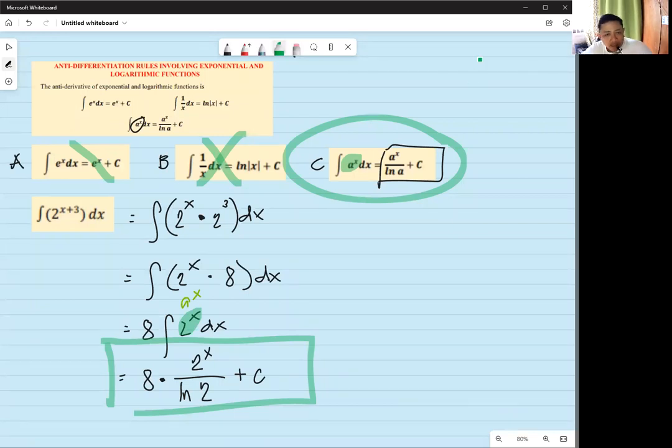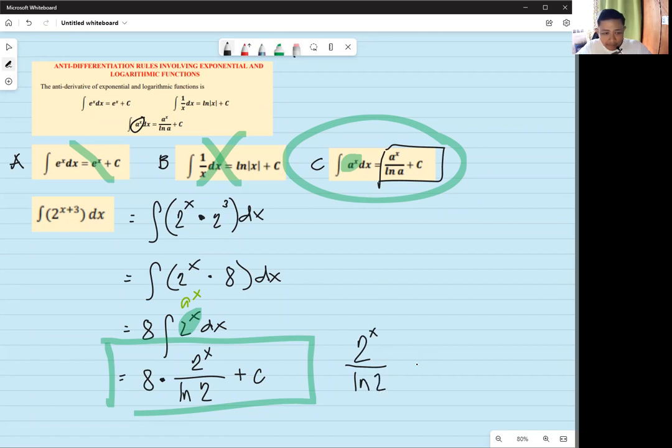Okay. One of your classmates sent me an answer. I'll show it to you. I want you to help me identify what went wrong with the process. The answer of your classmate is 2 raised to x over ln 2.